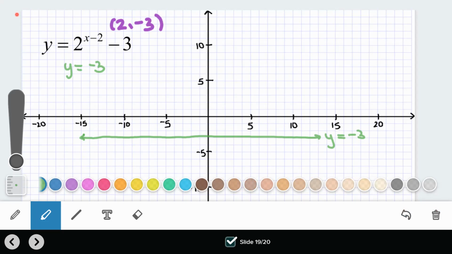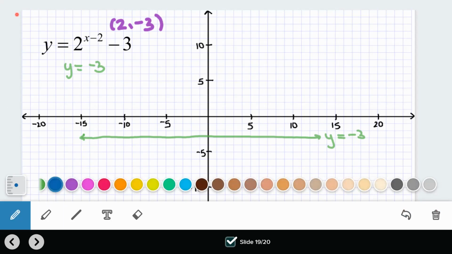And now if I was going to go to 2 comma -3, which is right here, this is where I'm going to go 2 to the 0, which is 1.